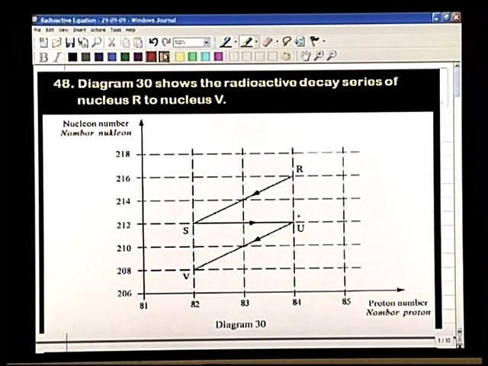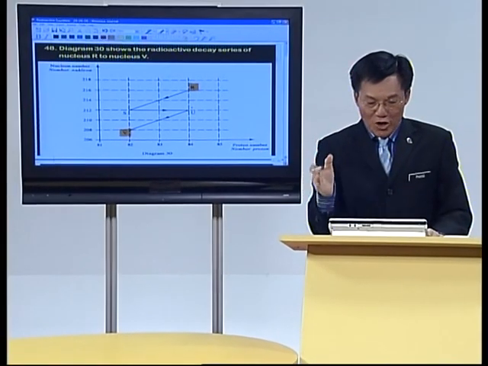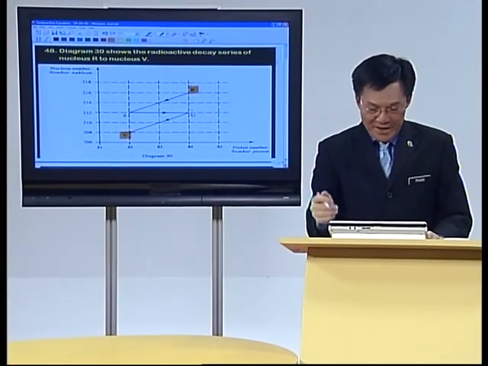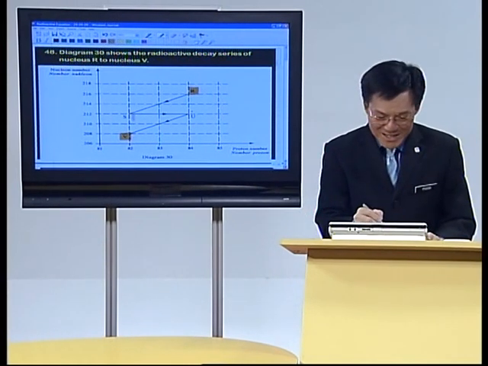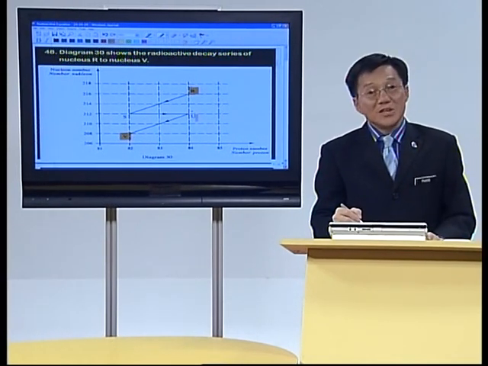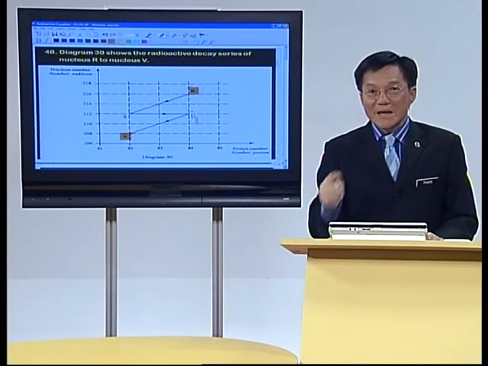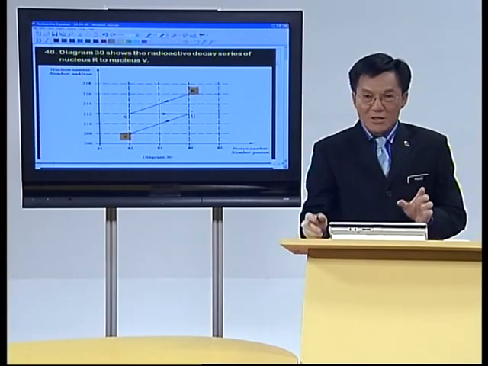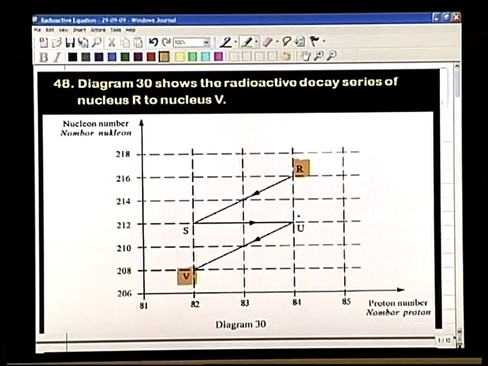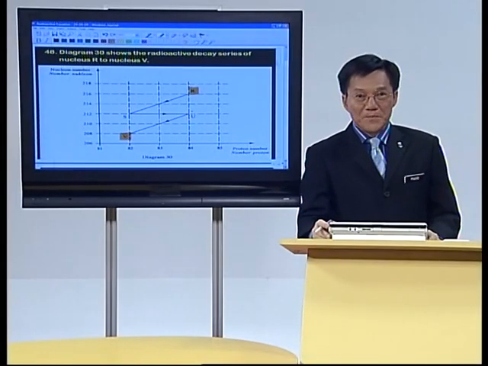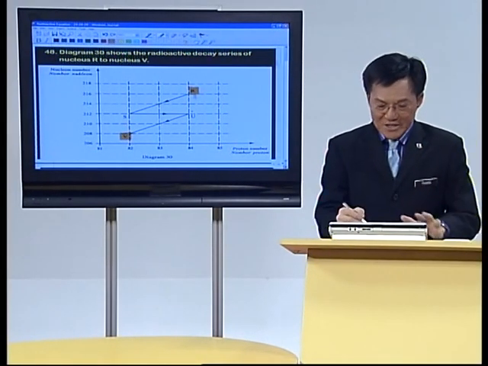So this is R and this is V. So we want to go from R to V. I'm not interested in S. I'm not interested in U. So the first step for you to do is you need only to look at R and V. S and U are there to distract you, that's all.